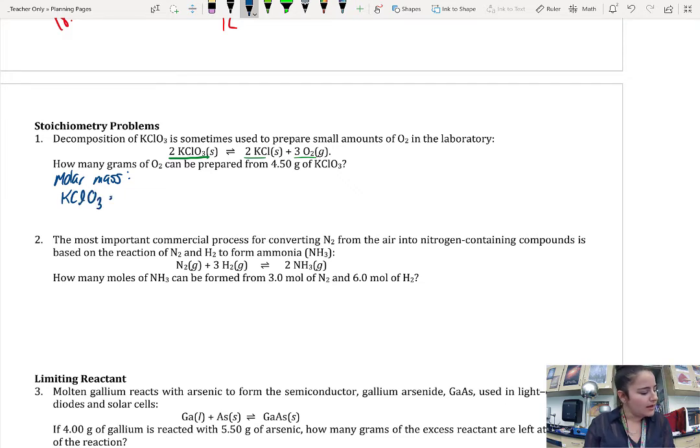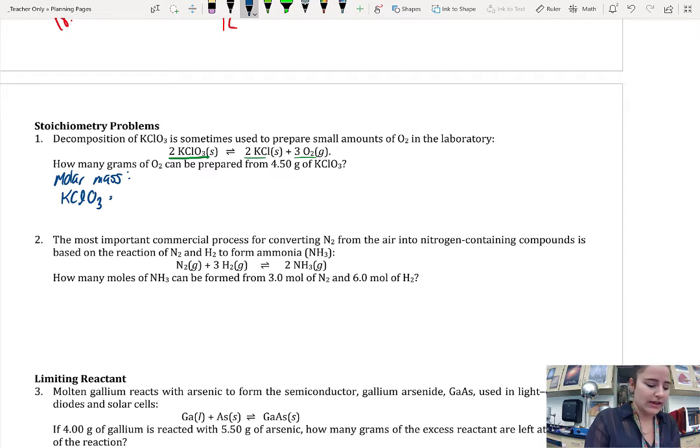Okay, KClO3, I have a potassium. I'm just going to do this all in my calculator, but I'll explain what I'm doing as I'm doing it. So we have a potassium atom, which is 39.10, plus a chlorine atom, 35.45, plus 3 oxygens, so 16.00 times 3.